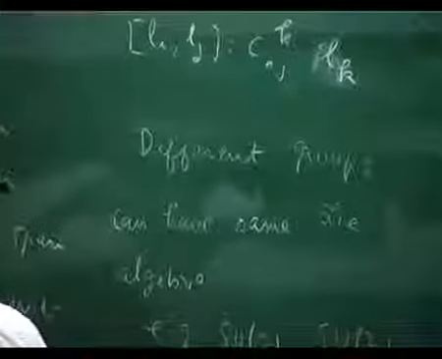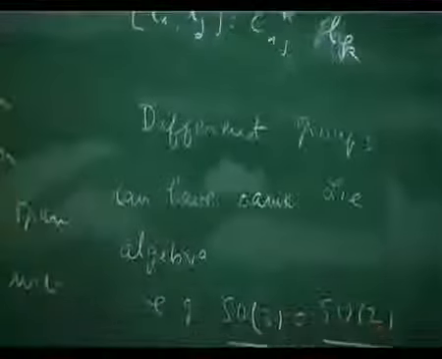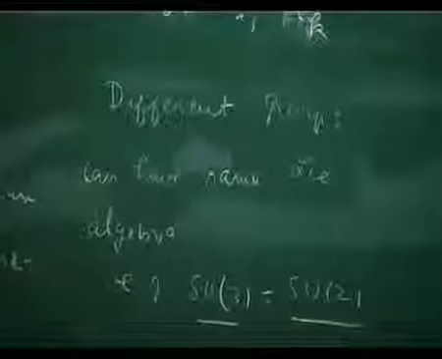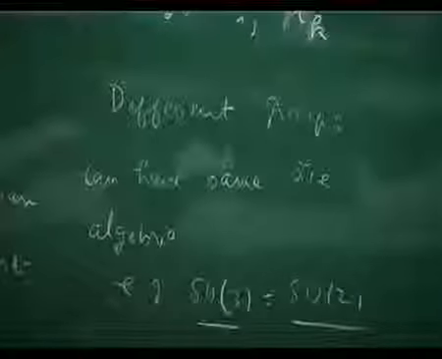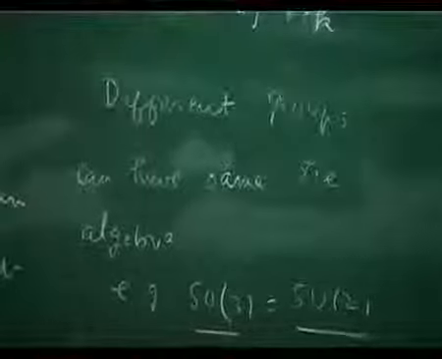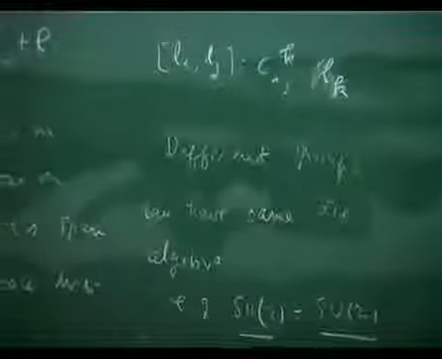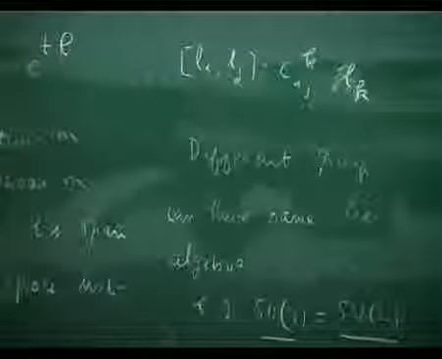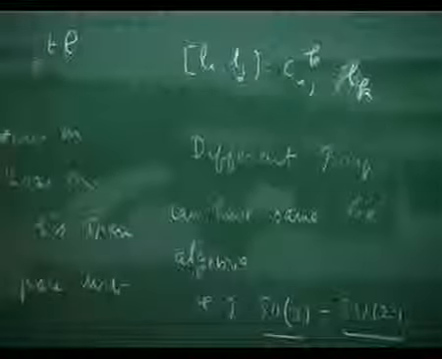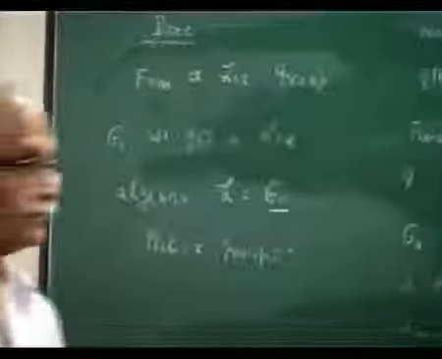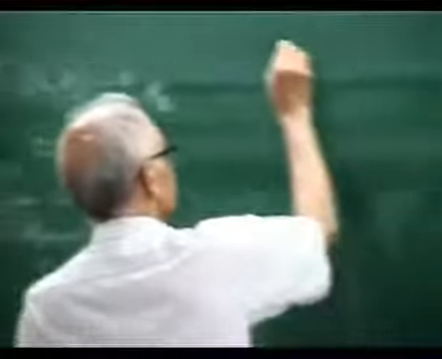The Lie algebra of SO3 is the Lie algebra of SU2, but as groups they are not the same. Their Lie algebras are the same. So we have to ask, what is the connection between the Lie groups for which you have the same Lie algebra? This is the question. That is what I want to discuss.